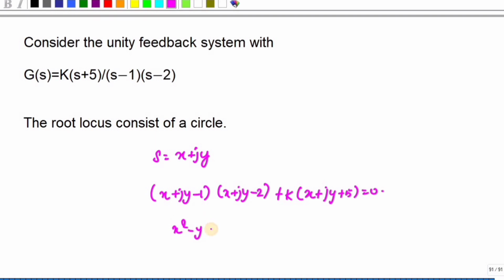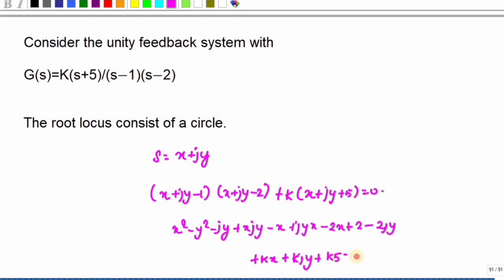Next I'm going to multiply (s − 1)(s − 2), so you'll get x² − y² − yj + xjy − x + jyx, right, − 2x + 2 − 2jy + Kx + Kjy + 5K = 0.